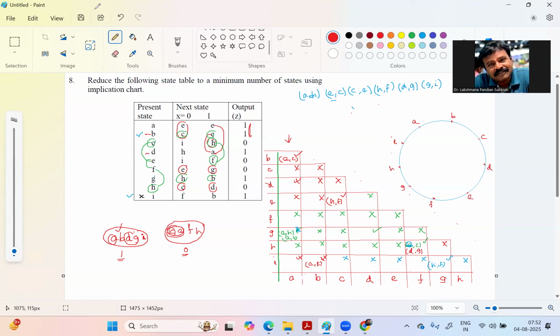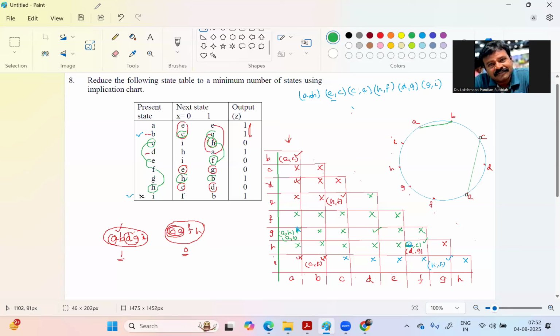Now AB, so you draw a line AB. Then you have to draw EC, then CE. EC, CE, okay, they are both the same, right?